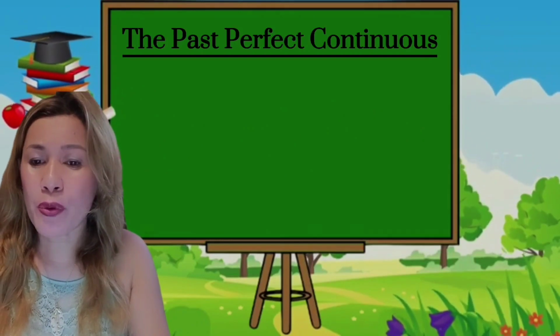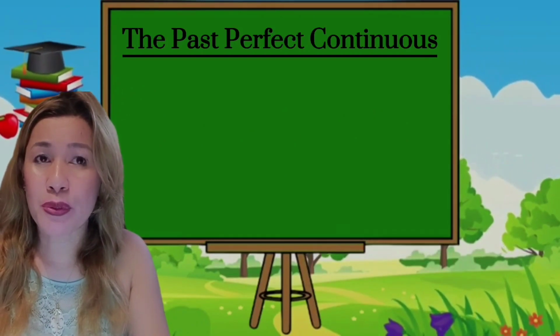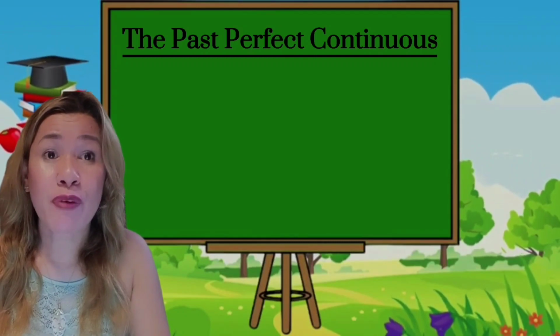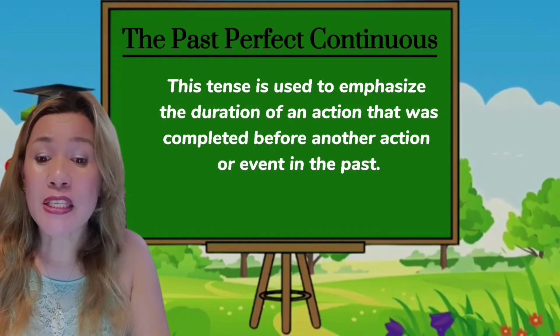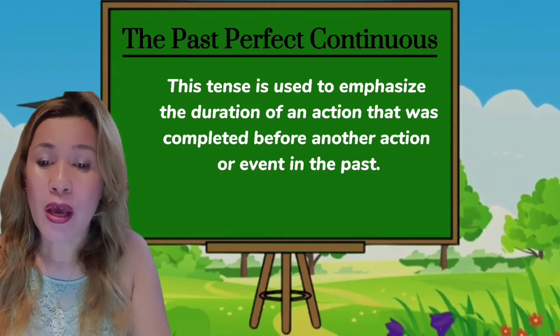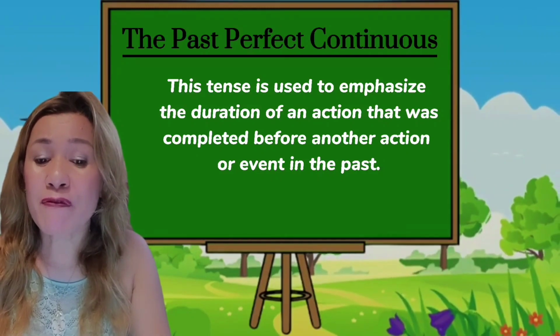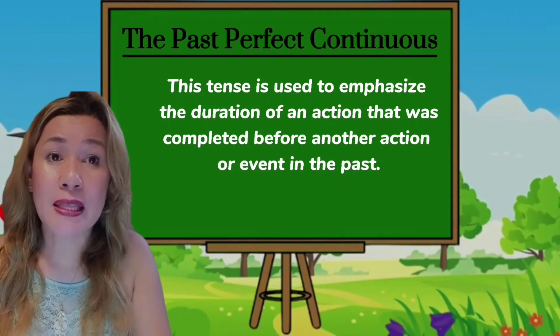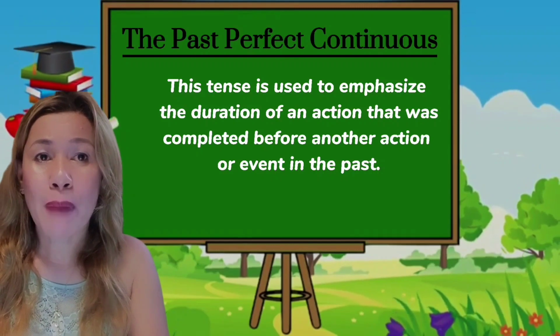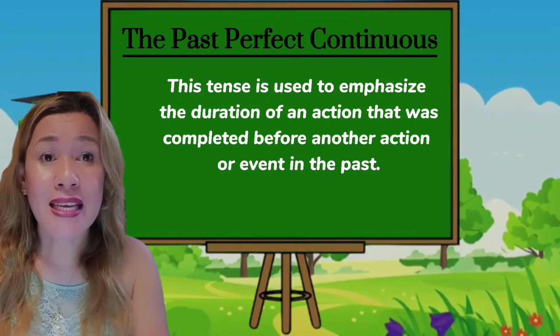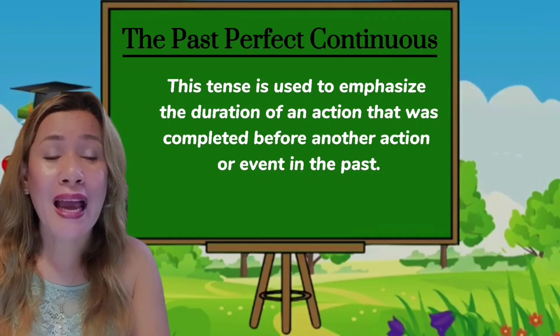So when do we use this past perfect continuous tense or past perfect progressive tense? This tense is used to emphasize the duration of an action that was completed before another action or event in the past. Recall in my previous video when I spoke about past perfect tense, in a sentence, there were two past actions.